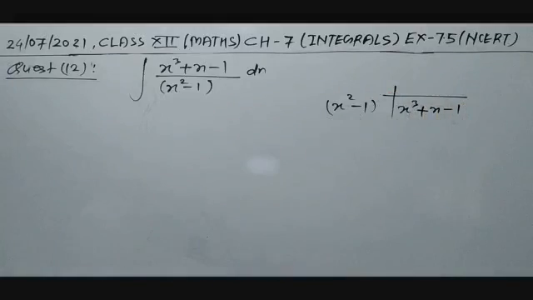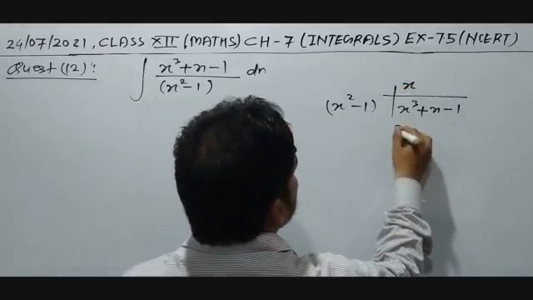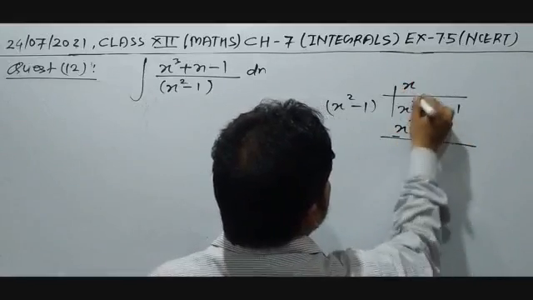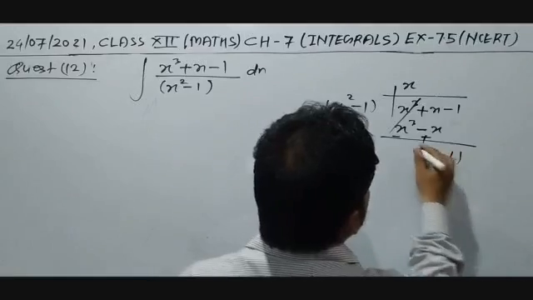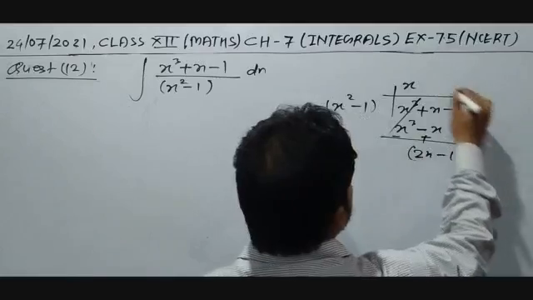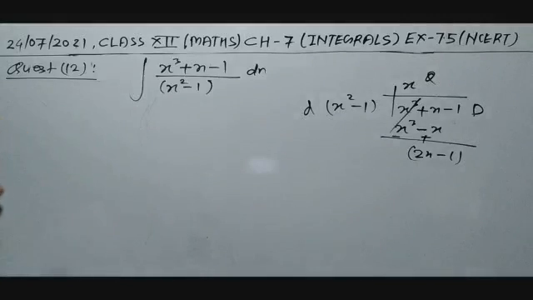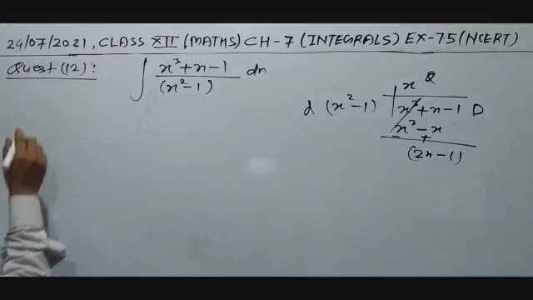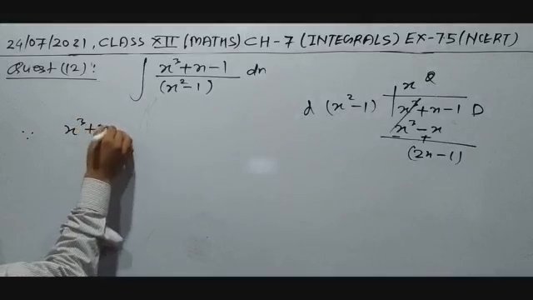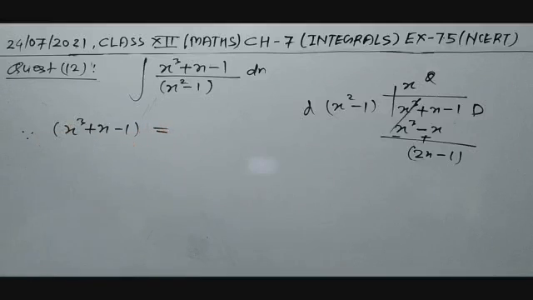This is the dividend, and now we multiply by x. So x cube minus x is here. Sign change, the result will be 2x minus 1. This is the remainder, this is the dividend, this is the divisor, and this is the quotient.